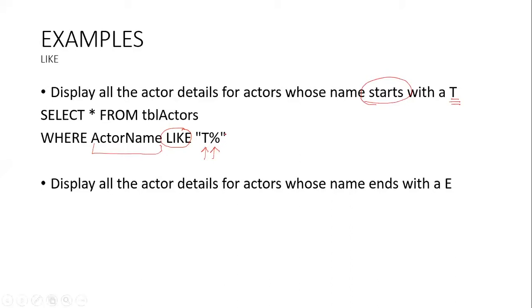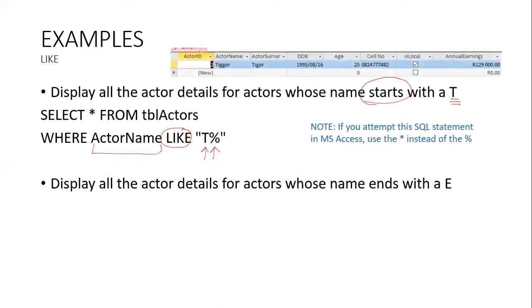If we run that particular one, it would give us Tigger, because that is the only actor starting with T. And if you recall from my previous note as well, if you were running this particular SQL statement in Microsoft Access, make sure you use the star and not the percentage sign. The assumption here is that these SQLs are going to be running in Delphi.